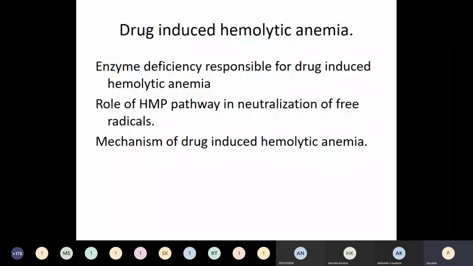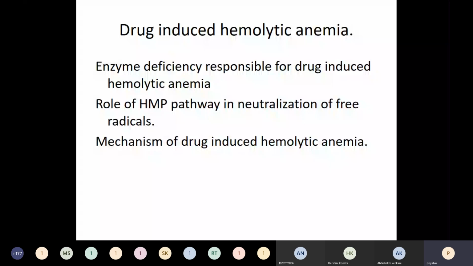There is an important enzyme, that is LDH, lactate dehydrogenase. It is an intracellular enzyme, especially in RBCs, present in high concentration. Whenever there is hemolysis, this LDH comes out and the concentration of LDH increases in the serum.